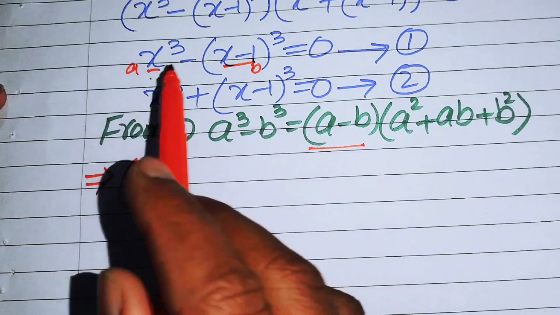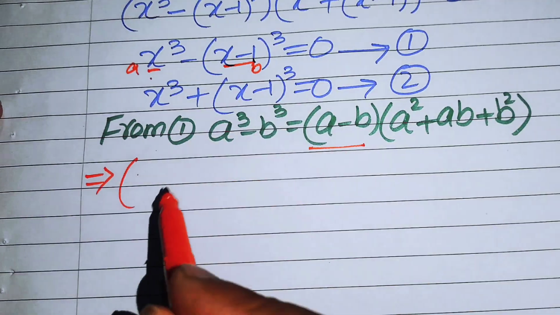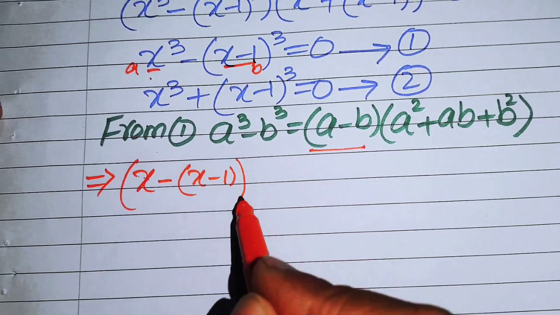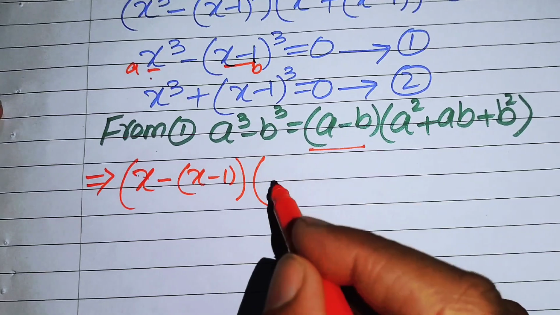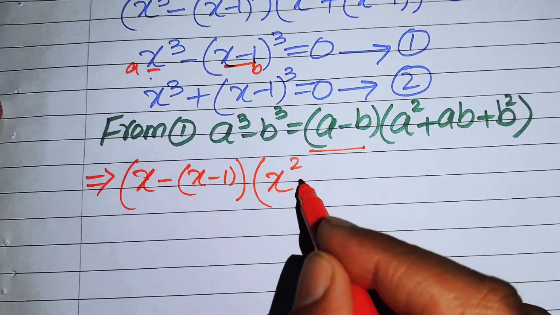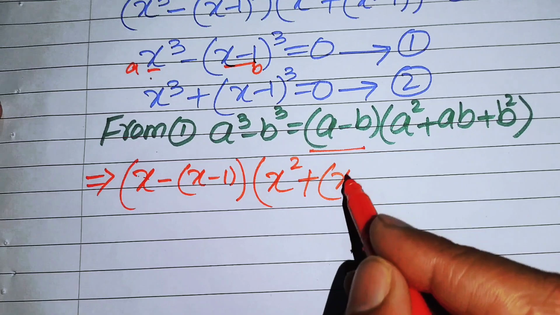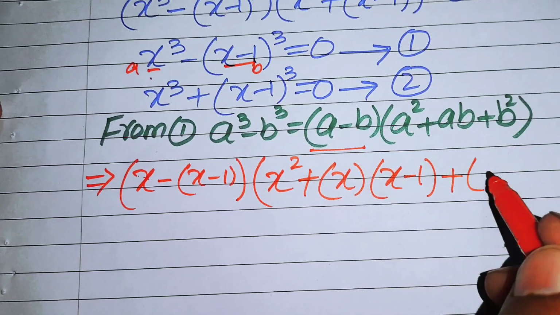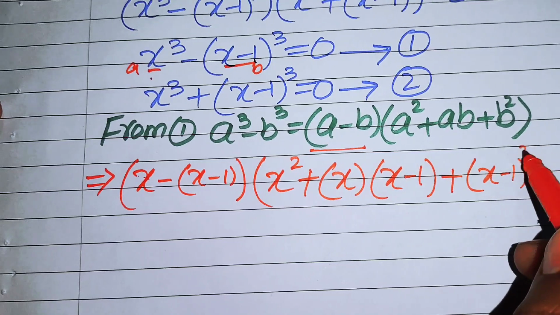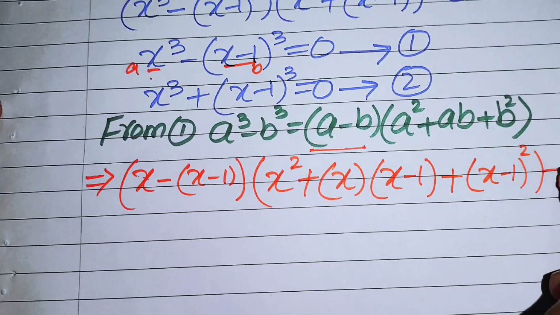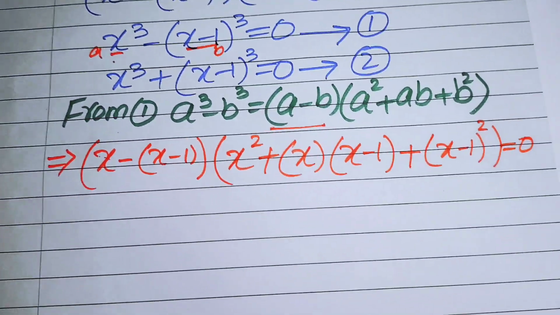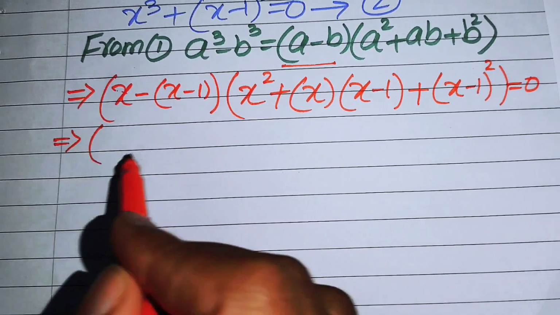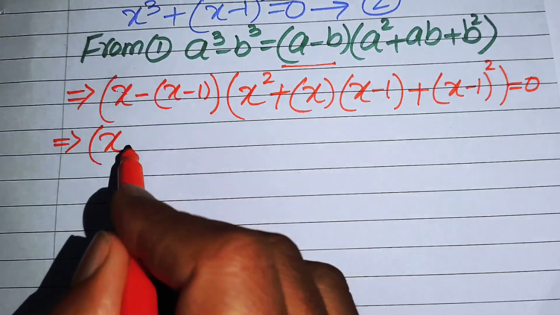We put the values of a and b in this formula and we get (x minus (x - 1)) into (a square, so our a is x square, plus ab, which is x into (x - 1), plus b square, so our b is (x - 1) whole square), and this whole equation equals 0. In the next step we simplify the equation.